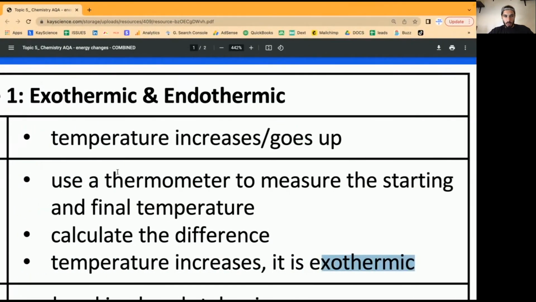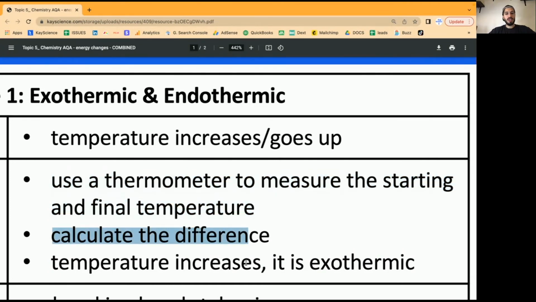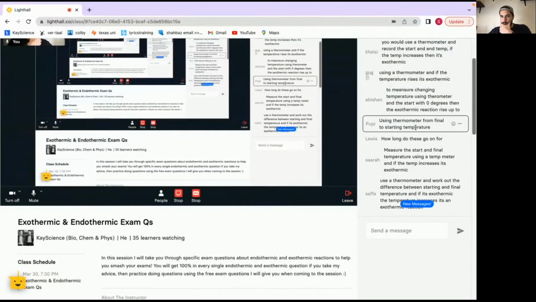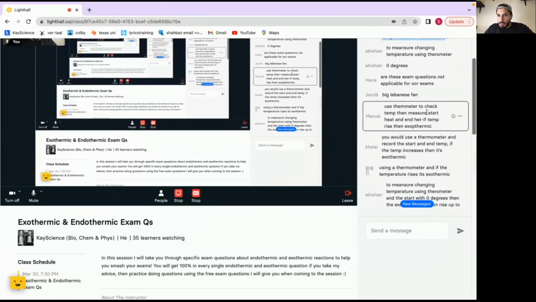Okay. So look, I want to see that you said use a thermometer to measure the start and final temperature, and then you need to actually calculate the difference. If the temperature increases, exothermic. Use a thermometer to check the temperature, then measure the start and end.